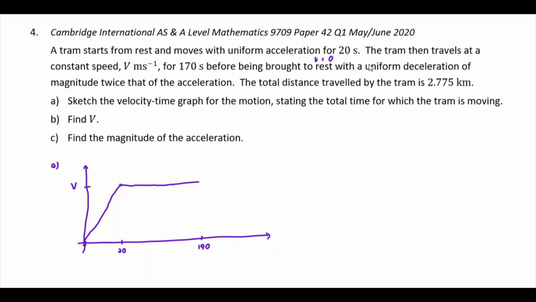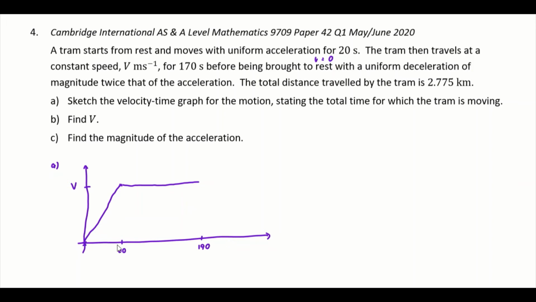After that, it decelerates, but the magnitude is twice. If you need 20 seconds to reach this velocity, then how much time do you need to decelerate so that the graph goes back to v equals 0, and it's going to be uniform as well.